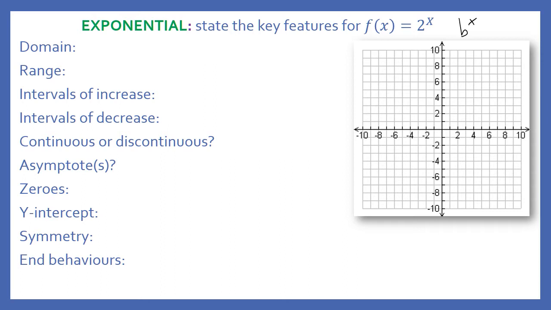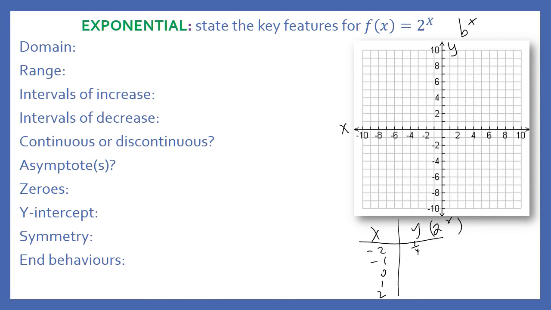So, if we don't remember what this looks like, x and y, we can do a quick little graph of our parent points. And let's just pick the standard numbers. So 2 to the negative 2, remember this is 2 to the x. 2 to the negative 2 is 1 over 4. We're going to keep things as fractions for advanced functions.